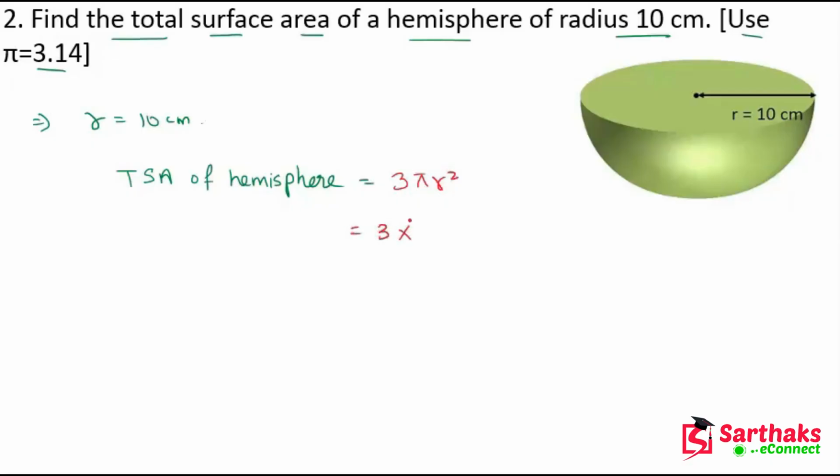So 3 into 3.14 into 10 into 10, because we have r square. If we remove the decimal point, we get 100 in the denominator, so these two zeros will be cancelled. So we get 3 into 314, which is 942 centimeter square. So this is very easy, my dear friends.